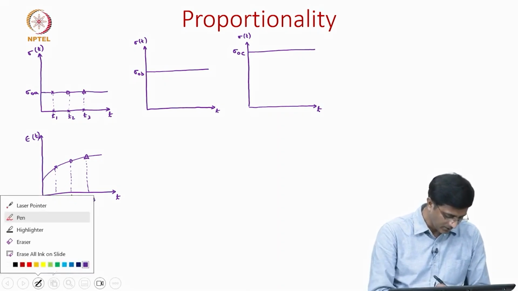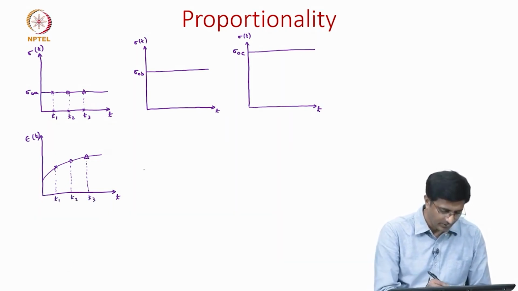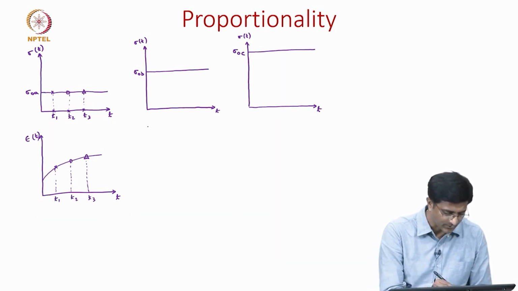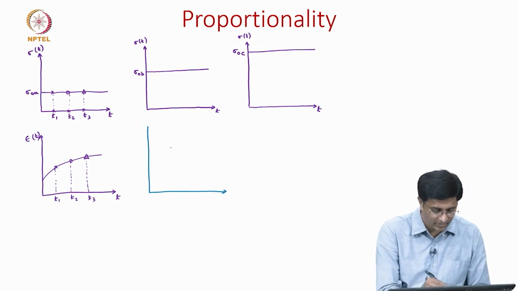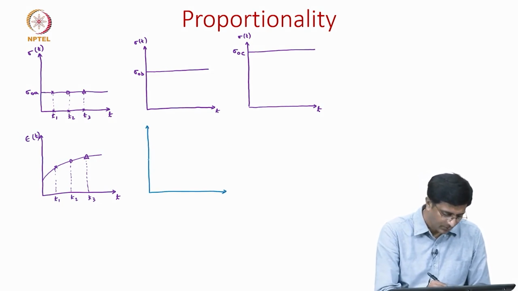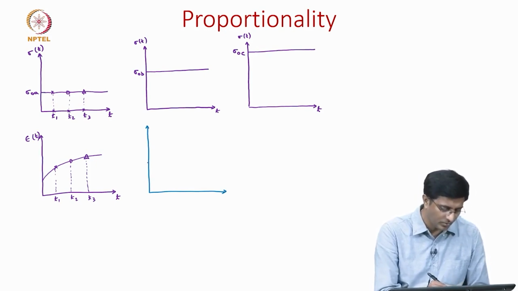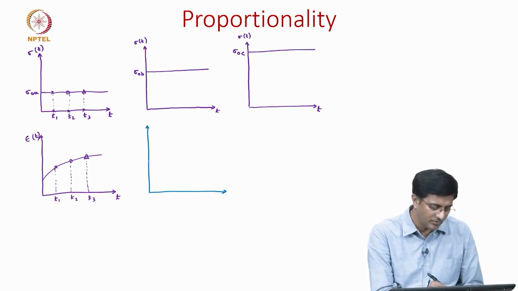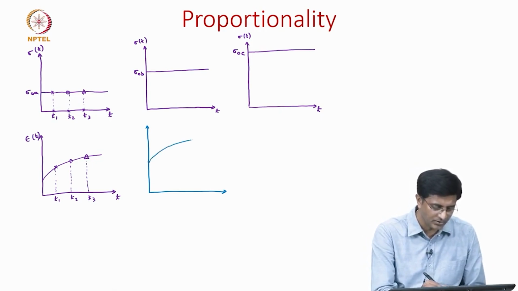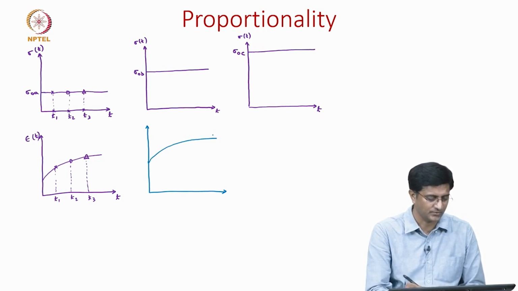Now let us look at second experiment and see what is the response. So again here too you will have an instantaneous response, but this value, the strain at the initial strain will be slightly higher. So let us say it starts from here and then again it shows this kind of response.